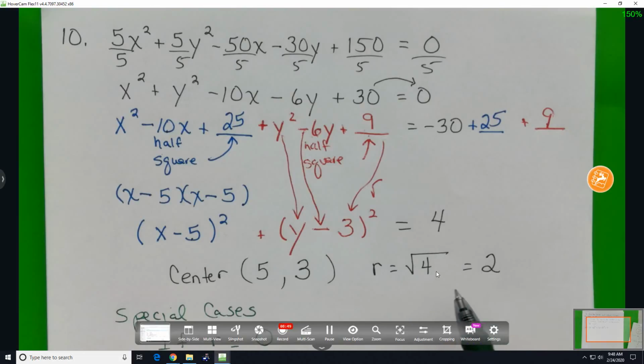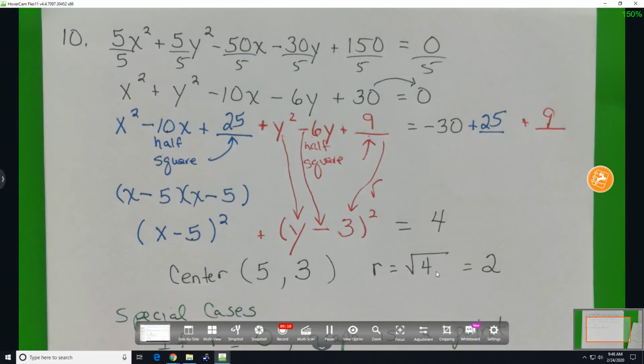Can y'all picture a circle with radius 0? You wouldn't really have a circle. What would you have? If this had been a 0, the radius is 0. You have a center and a radius is 0. You don't have a circle. You have just a dot or a point. So if the radius turned out to be 0, it would just be a point.